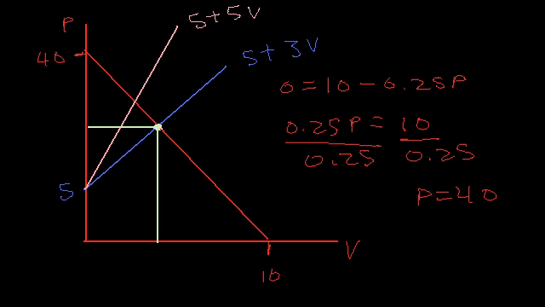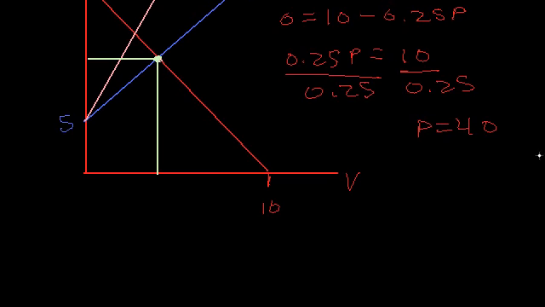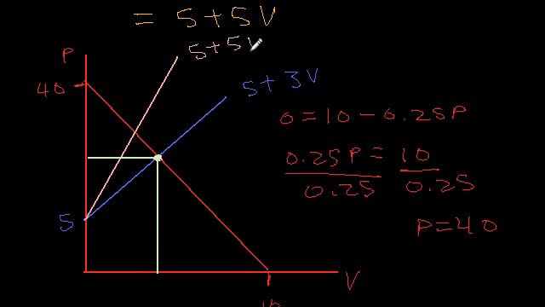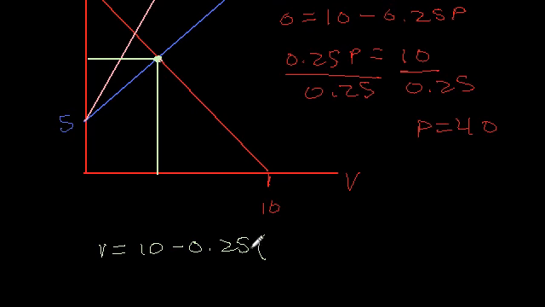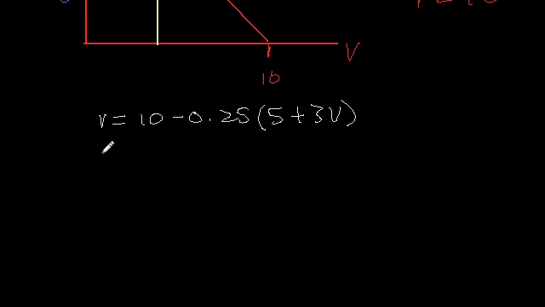We'll do that by writing out our demand curve, V is equal to 10 minus 0.25 times P, but instead of P, we're going to input the private cost, which is the price that individuals face on their own. So that will be 5 plus 3V. Let's work out what this is equal to.